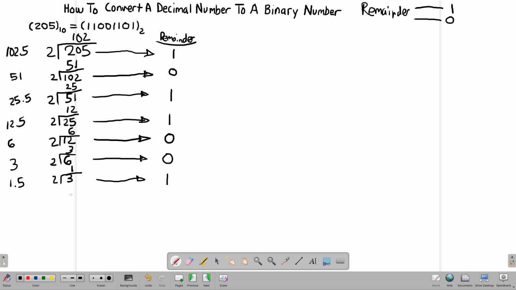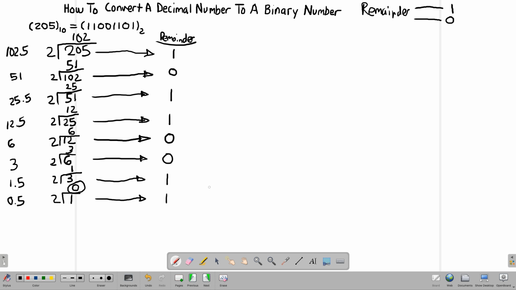The next value is 2 divided into 1. Actually it's 0.5. And what that indicates is that 2 divides into 1 0 times, and there is also a remainder. So 1 goes here. Now, since we have the 0 here, this is our stopping point.